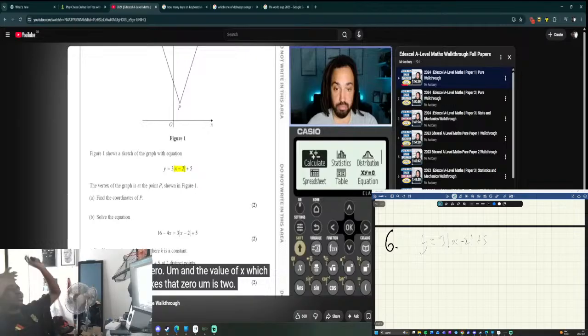What's going on? X isn't 0. Because that's when the modulus is the smallest. The minimum point. Hold on. The minimum point is when the modulus is the smallest. Okay, why?